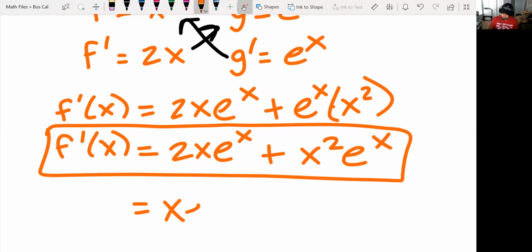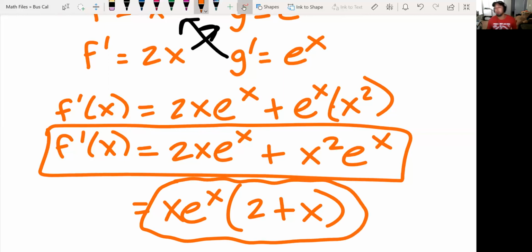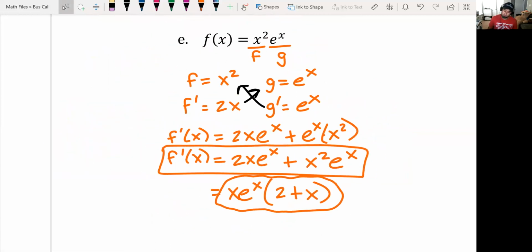I can take an x e to the x out, which would leave me with, what is it? 2 plus x. If it tells you you need to keep going. Okay.